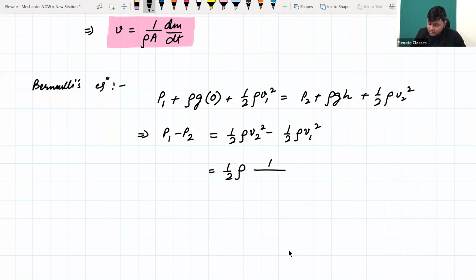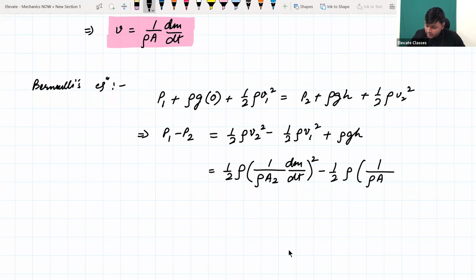V2 is nothing but 1 upon rho A2 dm upon dt square और यहाँ पे एक rho g h भी है, rho g h, प्लस नहीं, माइनस half rho. What is this? This is nothing but 1 upon rho A1 dm upon dt. तो ये एंट्री में या एग्जिट में स्क्वायर प्लस rho g h.